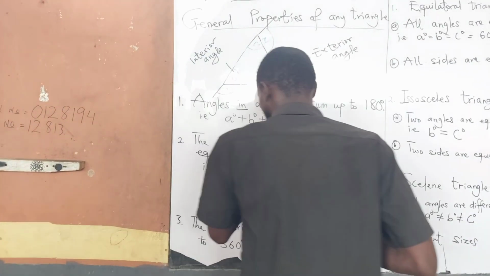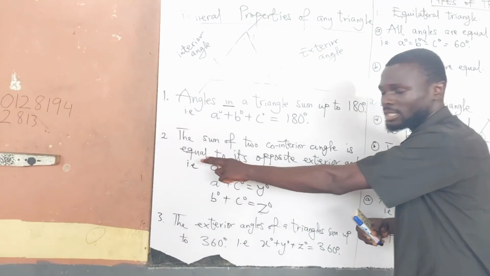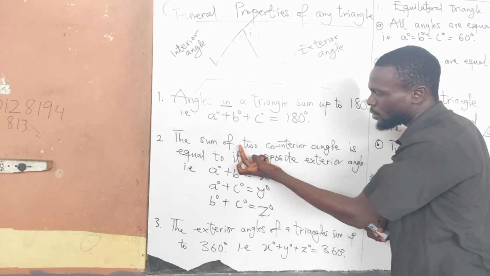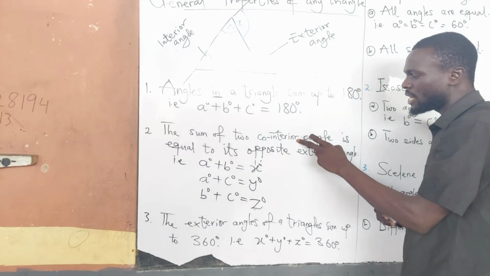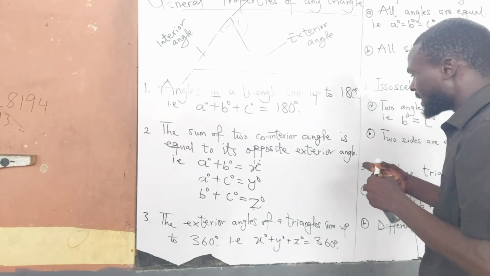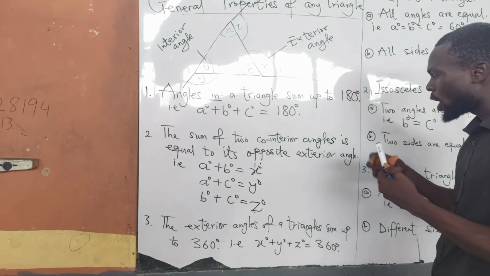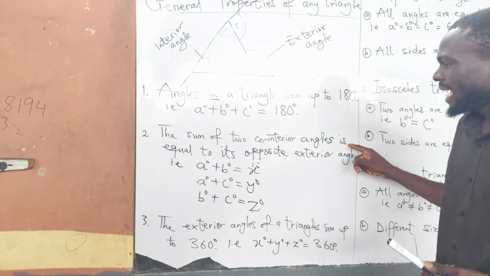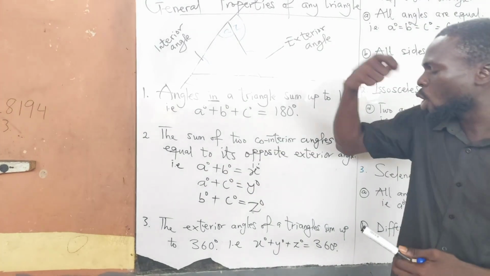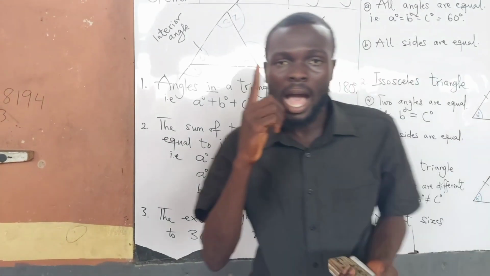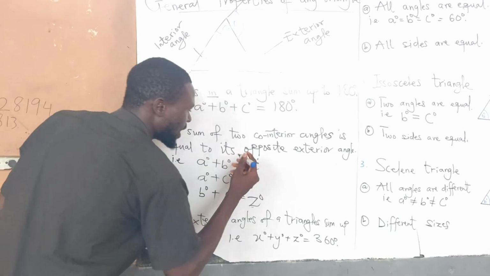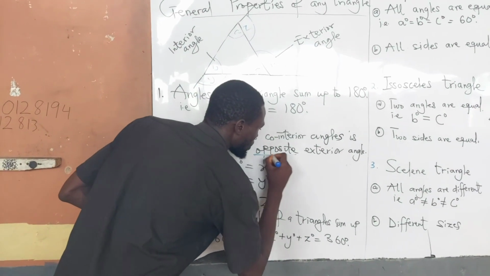Then the second one says that the sum of two co-interior angles is equal to its opposite exterior angle. Now let's take note of this word, opposite.